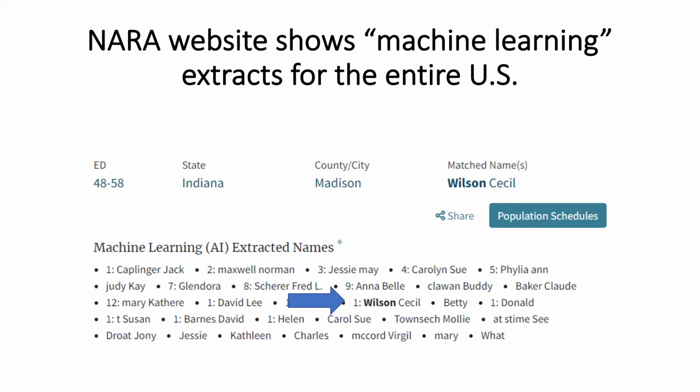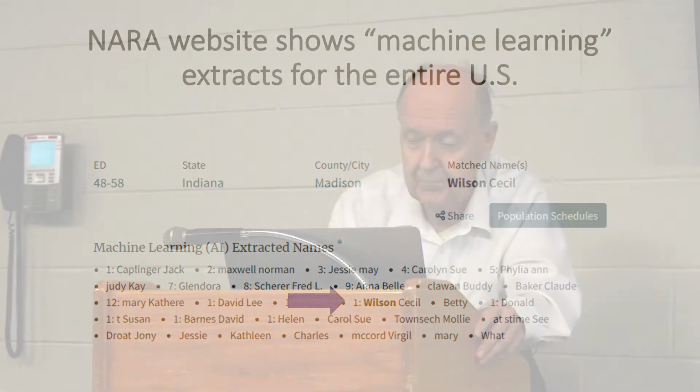You'll see where the arrow is there. It says Wilson, and then followed by Cecil, and then that's followed by Betty, and then Donald, which is me, and then Susan, which is my sister. Okay, so this shows you, and this was almost immediately. I didn't have to wait, I didn't have to browse, I didn't have to hunt. It was right there. You all should be so lucky, but this was a fluke, really.